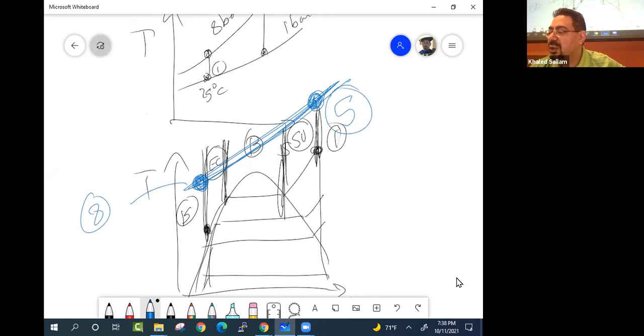Or whatever. Actually, this was 6. We call it 6. And this temperature here was 800 Rankine. And this temperature here at 5 was how much? No, 3,000? No, 2,000. It was 2,000. He heated it all the way to 2,000.